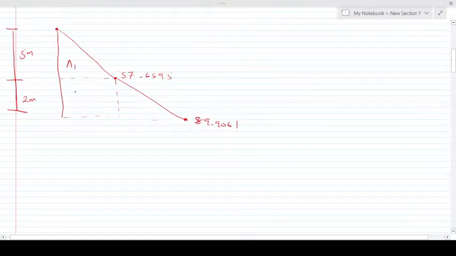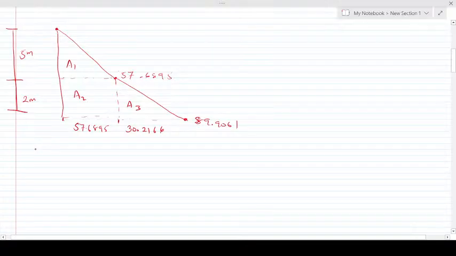We can say here is A1, A2, and A3. From here to here is 57.6895. The whole thing is 89.9061. And from here to here is 67, meaning that from here to here will be 30.2166. Don't forget your units, which is the summation of the areas.